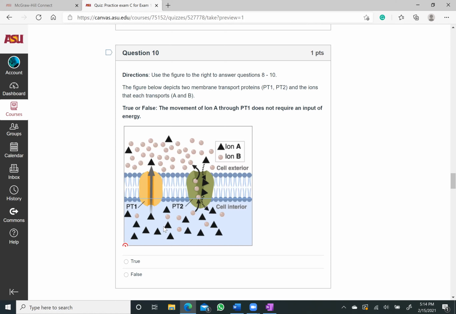So because it's going from an area of high to low, we know that this is passive, and it looks like the only thing it requires is a protein channel. The protein channel just kind of gives the ion safe guidance through the membrane. So this does not require the input of energy outside of the energy that was needed to create the protein transport in the first place.